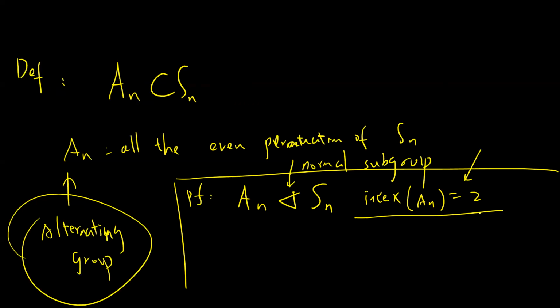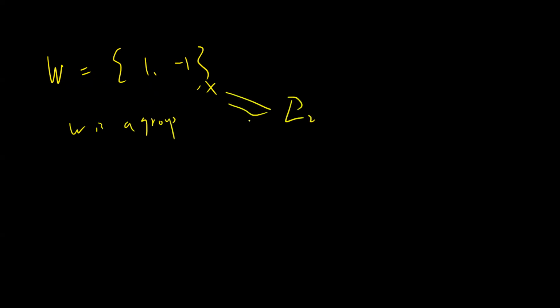So suppose you don't know what I'm talking about. You can define W to be {-1, 1} with the product. So W is a group, which is obviously isomorphic to Z2, an abelian cyclic group of order 2.